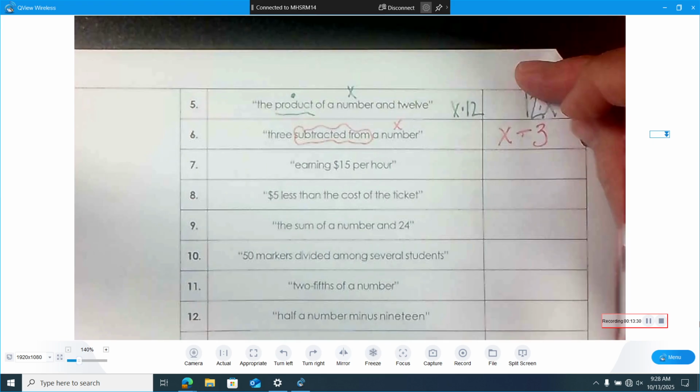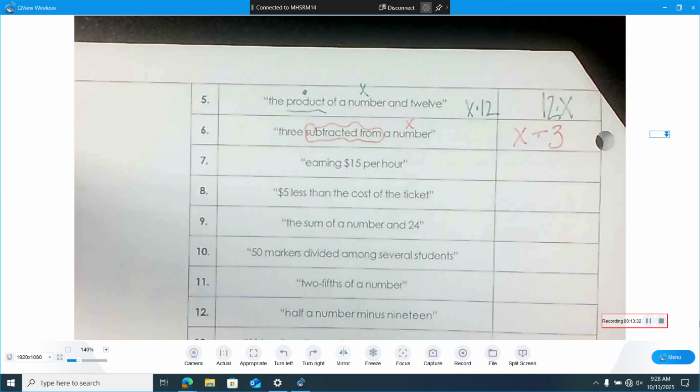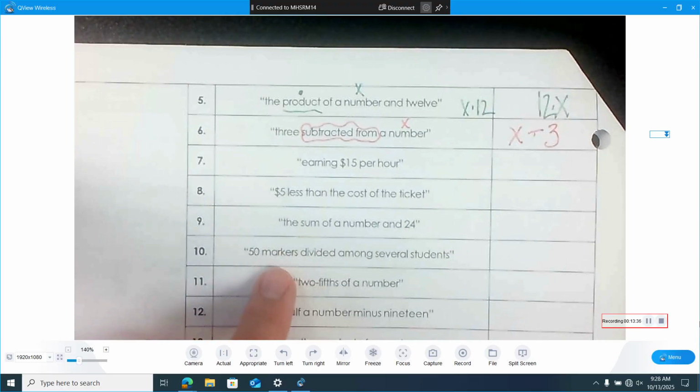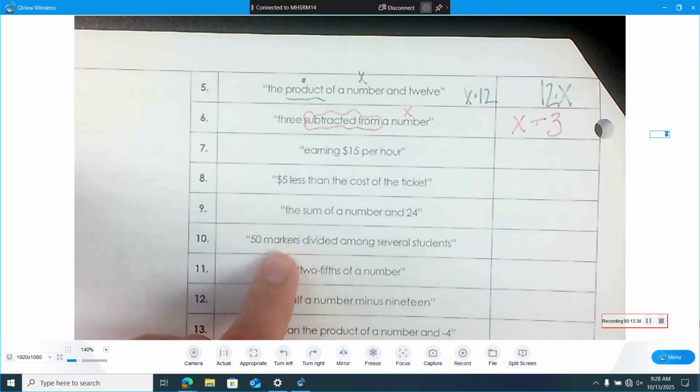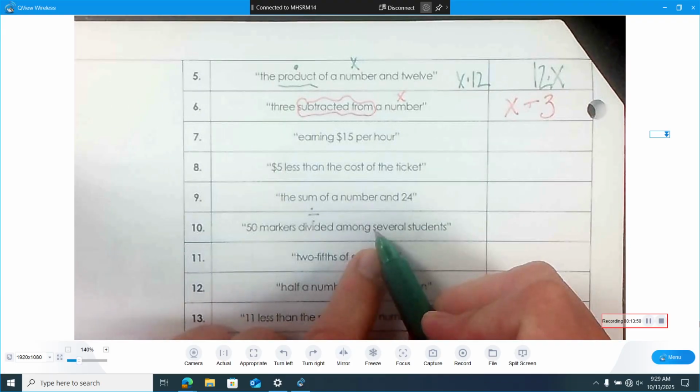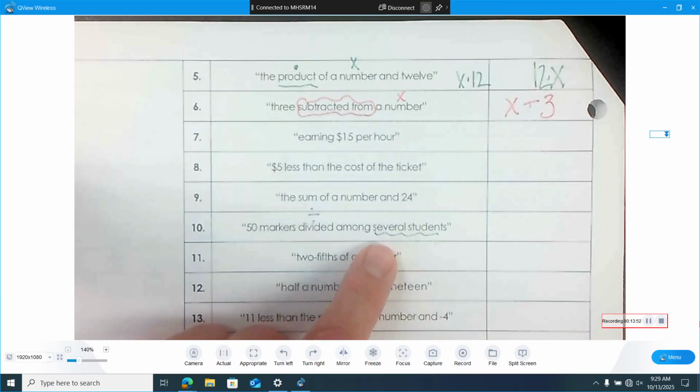Let's see. Let's skip down to number 10. 50 markers divided among several students. 50 markers, well, that's pretty easy. Divide is divided by. Among several students. Do we know how many students?